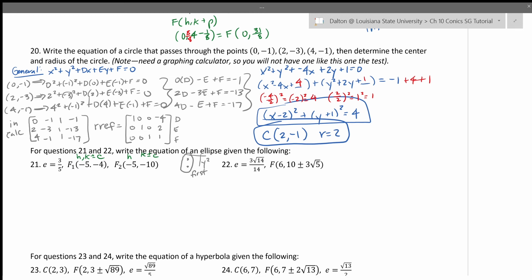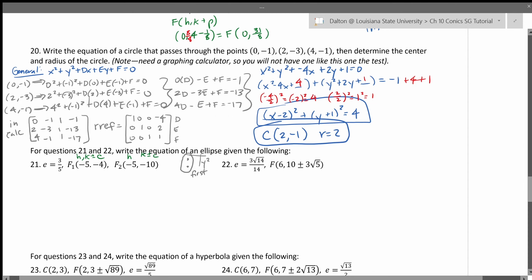And then we have to figure out what k and c are. If we know that k plus c is equal to -4 from the first focus, and that k minus c is equal to -10, then we can solve the system of equations.